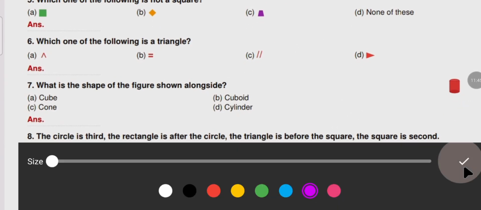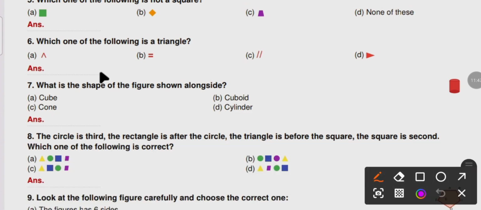question. So in this question, what we have to find, which one of the following is the triangle. Okay, so this is like very small here. So now find first. What is this? What is the shape of this? This is open upside down V shape.